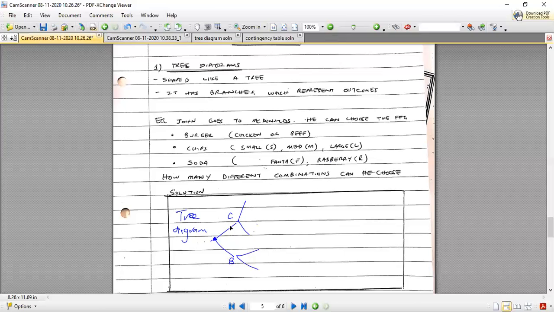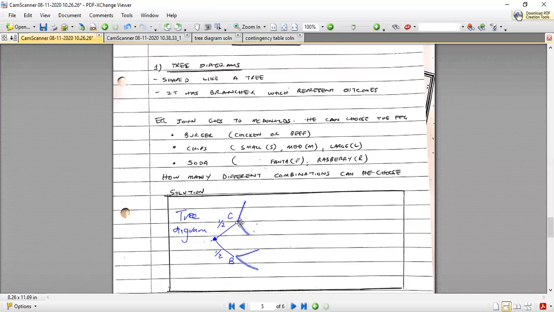Now, the choice of a chicken burger or beef burger is one out of two choices. Remember our probability formula? The number of successful outcomes over the total number of outcomes. So we have a choice of two burgers, and to get a chicken burger would be one out of the two, or if you choose a beef burger, would be also one out of two.